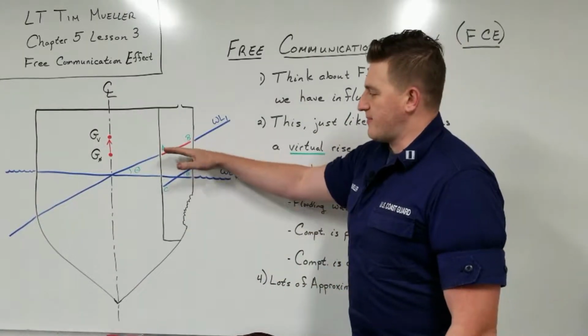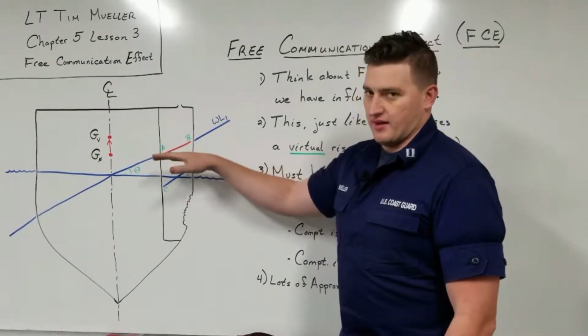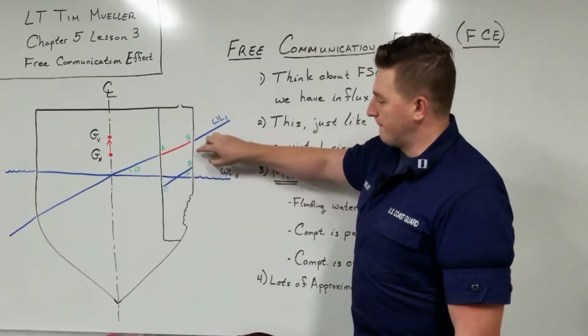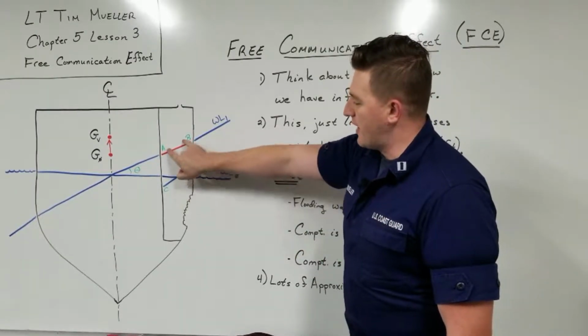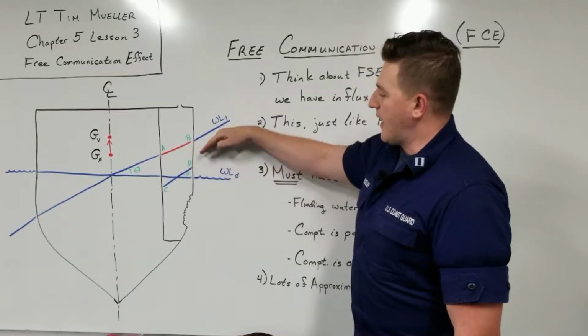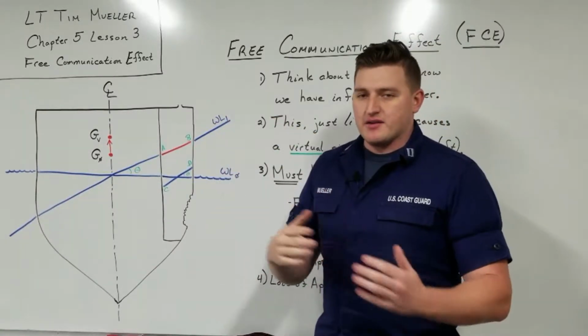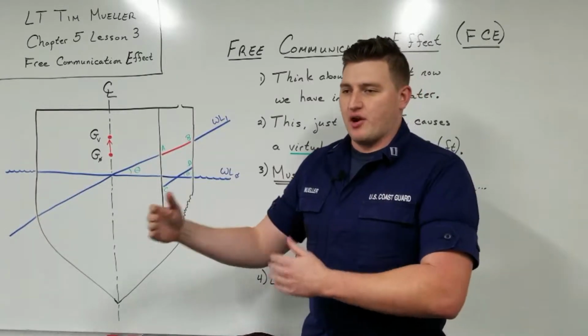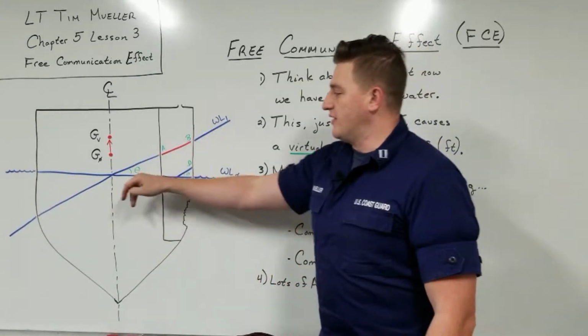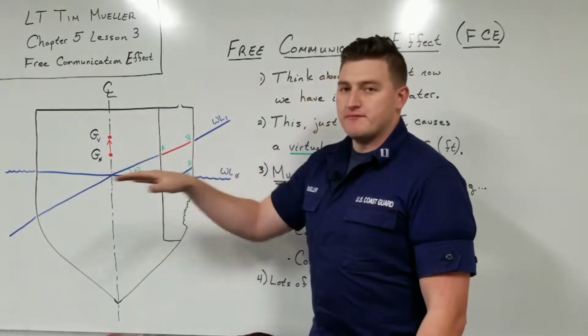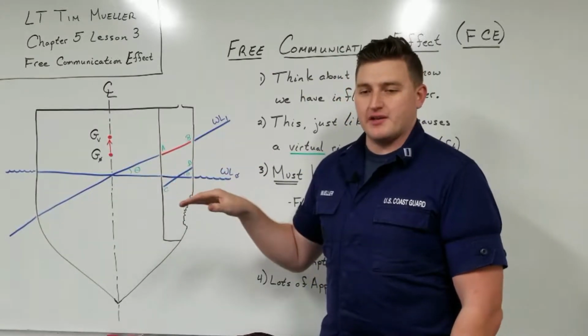So here, as the ship inclines, we are constantly adding and removing weight. This waterline here keeps going up and down. However, this waterline on the outside stays level. That means at every single angle, there's going to be different cosine corrections that we would have to do to take care of the movement of the physical center of gravity of G.